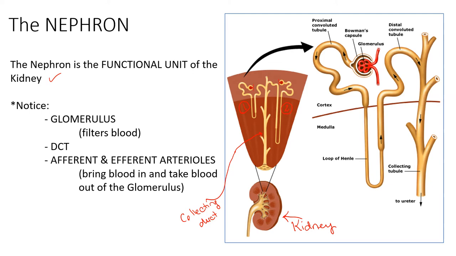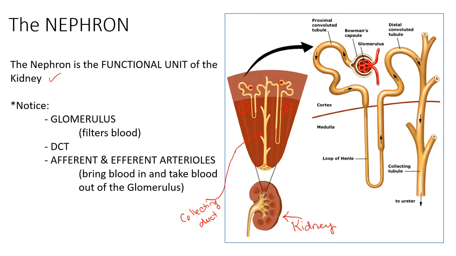Now, the collecting duct is going to take urine to the bladder. So it's going to go to the ureter, which is going to empty into the bladder, which is finally going to go outside the body. So by the time the contents get into the collecting duct, we can pretty much say it's urine at this point. So this is the end of the line.